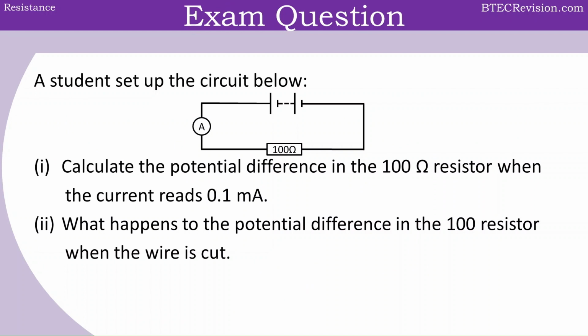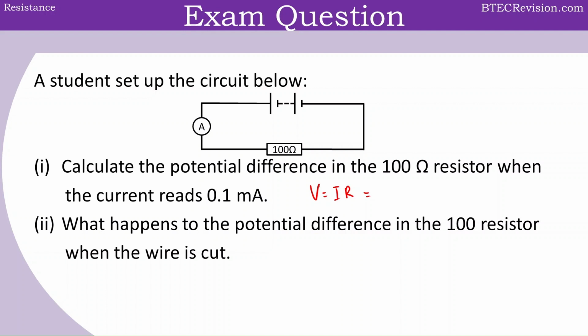Now pause the video here and attempt this exam question. A student set up the circuit below. Calculate the potential difference in the 100 ohm resistor when the current reads 0.1 milliamps. So we can start by writing down our equation, V equals I times R, and we can convert the unit.